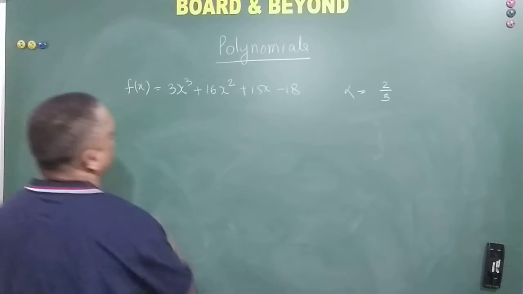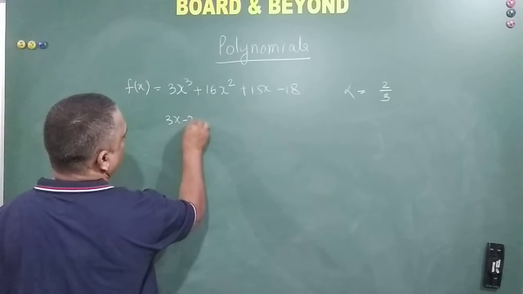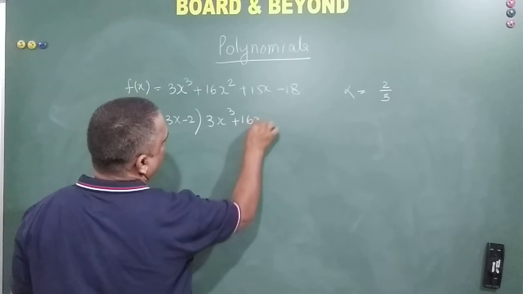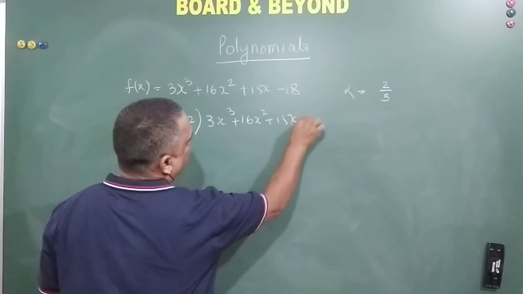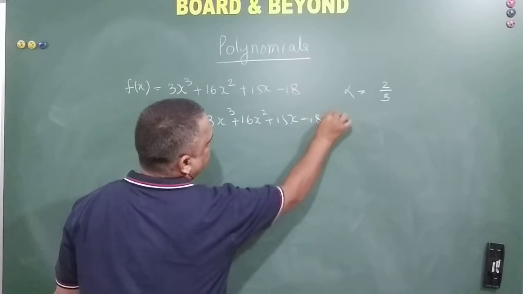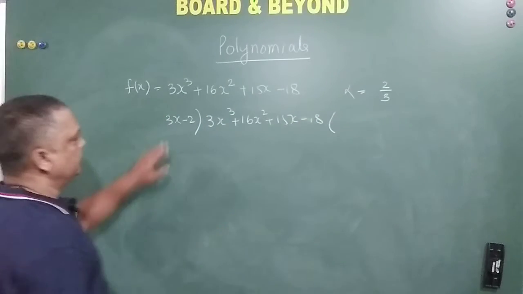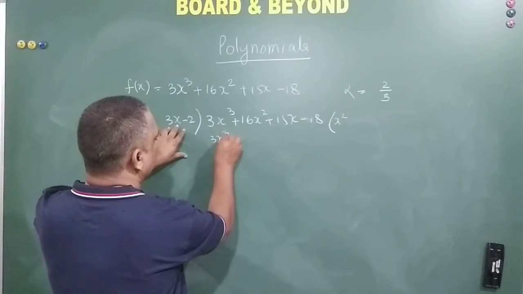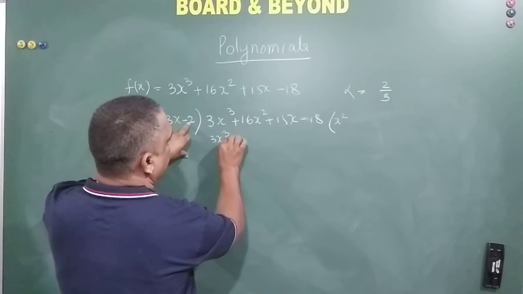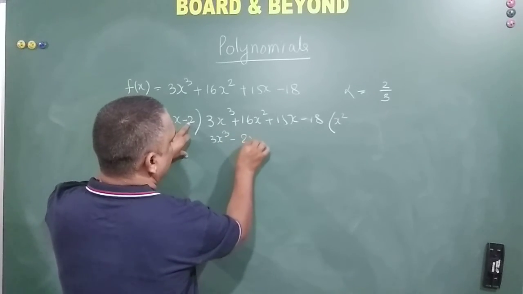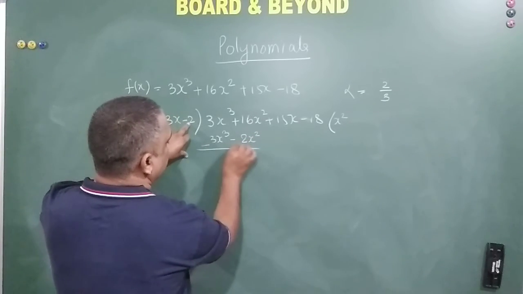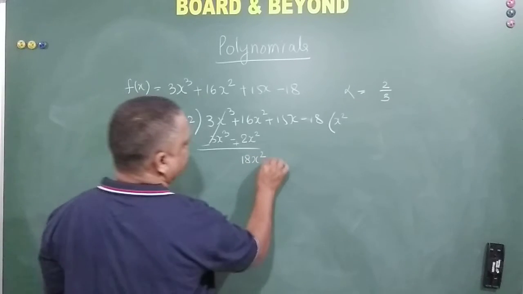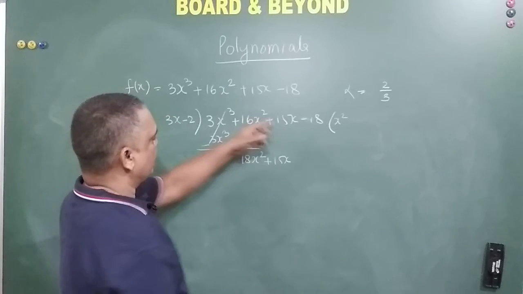Dividing 3x cube plus 16x square plus 15x minus 18: 3x times x square gives 3x cube, and we get minus 2x square. Minus, plus cancels. This is 18x square, plus 15x. I brought down 15x.